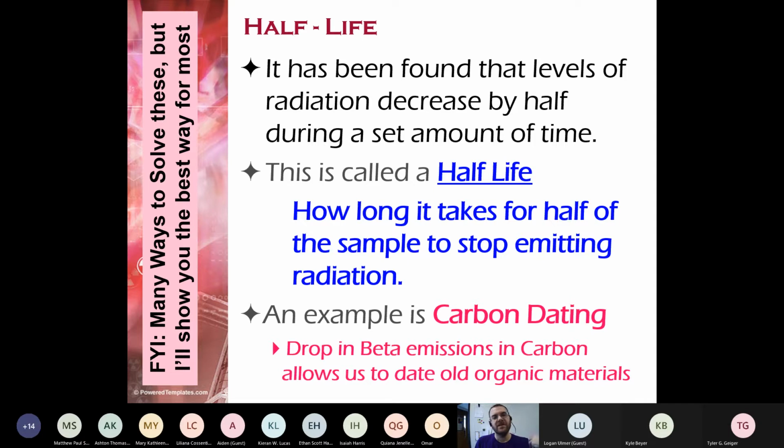But whatever. This leads us to the main lesson today. One of the more involved, useful things is half-life. Basically, radiation levels decrease by half over a set amount of time because radiation either is radioactive or it's not radioactive. You have a choice, yes or no, yes or no, yes, no, yes, no. And the no's don't go back to becoming yeses.